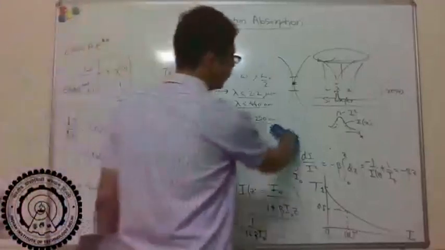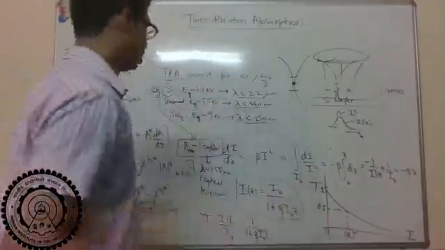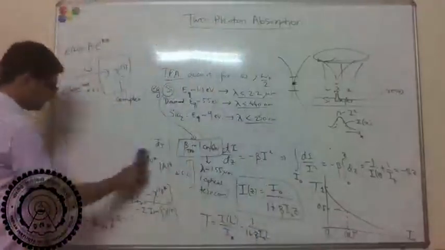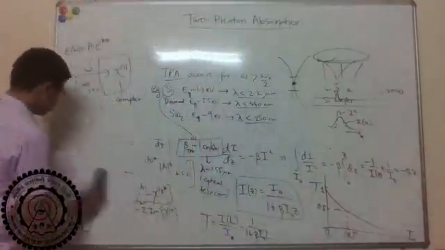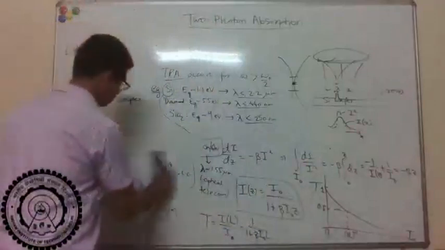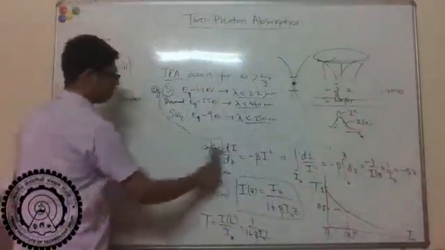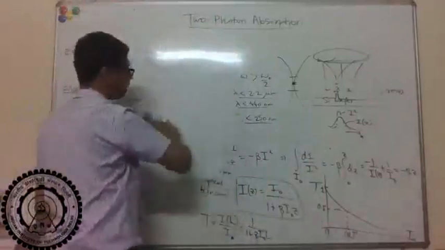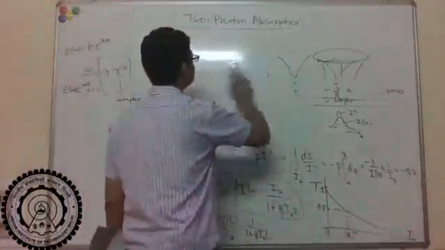Okay, and then another very important application of 2-photon absorption is to measure optical pulses. So-called autocorrelation or cross correlation of optical pulses.